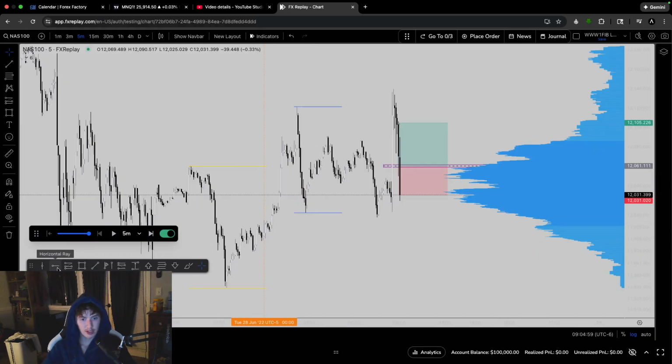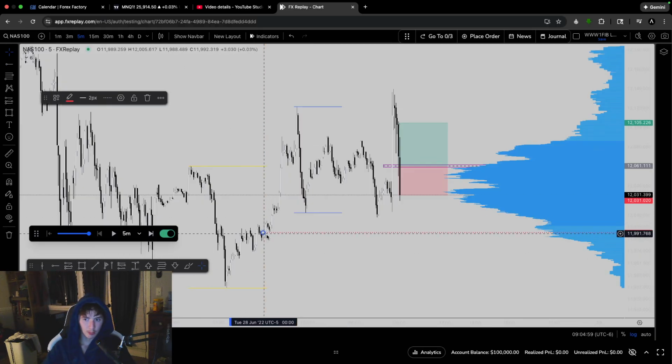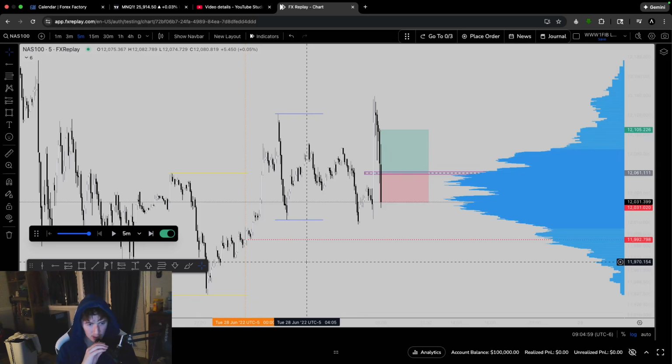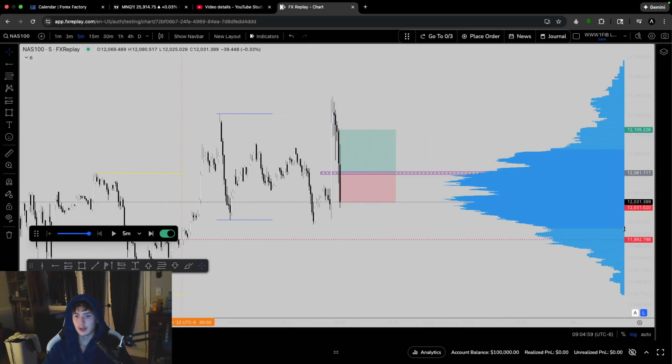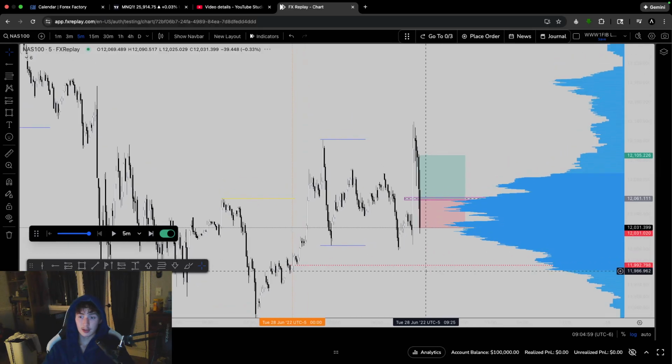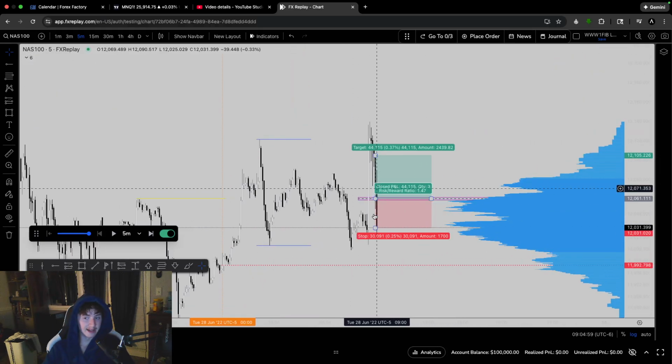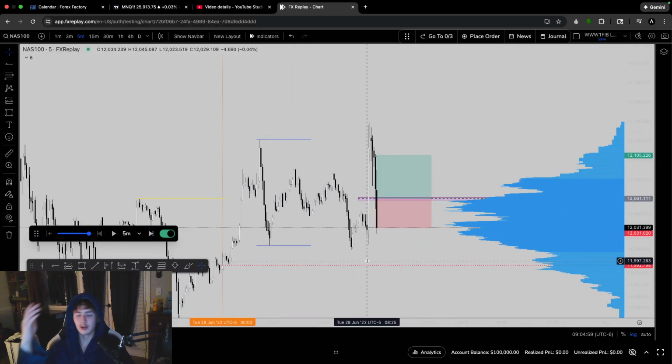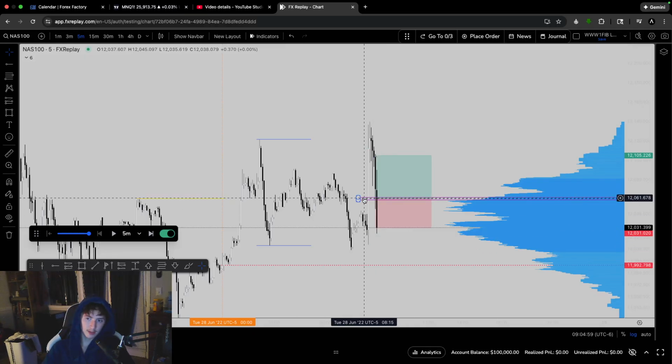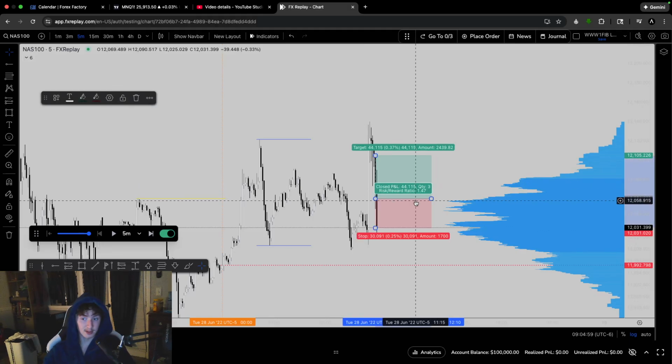Also, we never marked this out, but midnight opens down here, and price loves midnight open. It goes to it all the time. So honestly, we're just fighting that trend right there. There was no low volume node, and it wasn't a big enough range. So that's why I think it did not work. That's good to test though, because I think it's going to go all the way down now.